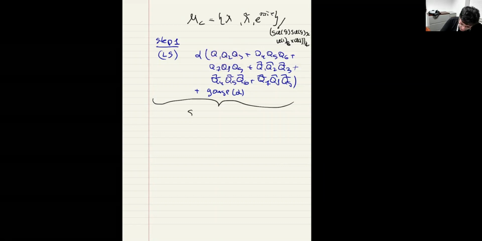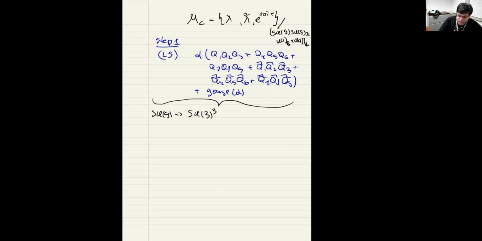Both SU9s are broken to SU3 cubed, and this is the only symmetry that we have along this direction. Remember that when we discussed the logic of this quotient, we mentioned that the only way for a marginal operator to become marginally irrelevant is if it absorbs, or eats, a conserved current.